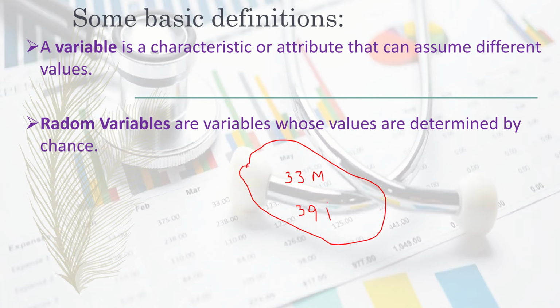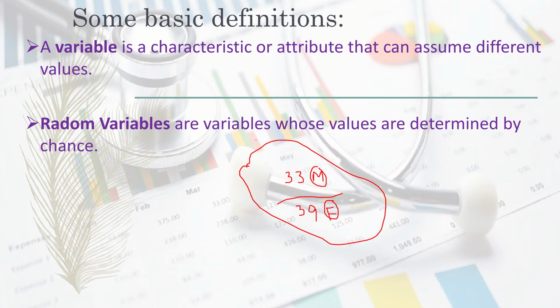So we say m is a variable, whereas f is also a variable because it's classifying the whole population in two parts. And then obviously, m can take any value from those 33 students, and f can be a variable as well. But what do you mean by random variables?